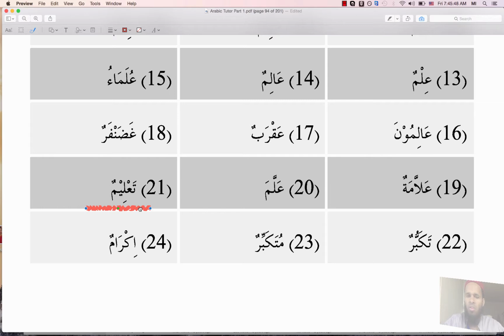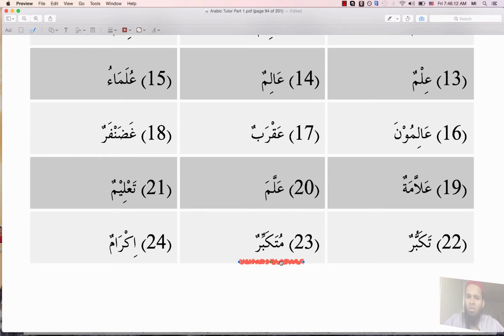Alimun, likewise, same thing. It is also sulasi mazid fi. Takabburun, kabara. So ba is the extra, repeating. So it is still from kibrun, so it is still going to be sulasi mazid fi. Tafa'ulun, mutakabbirun, same thing.